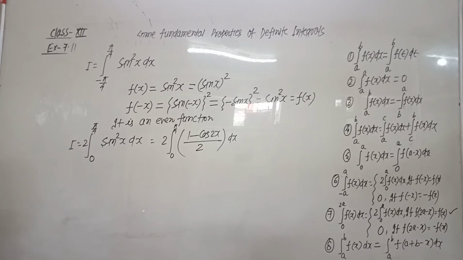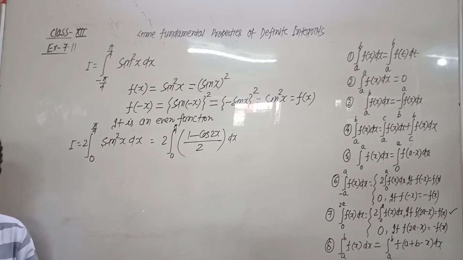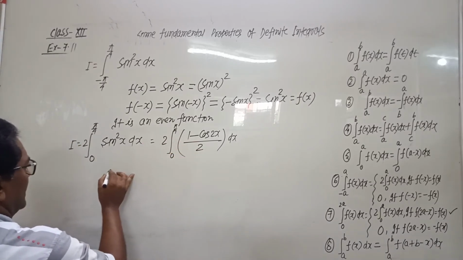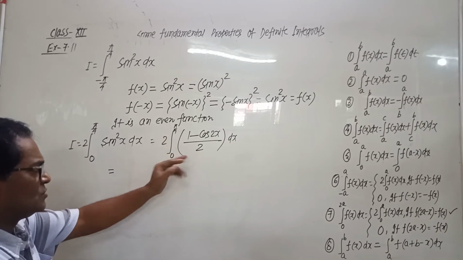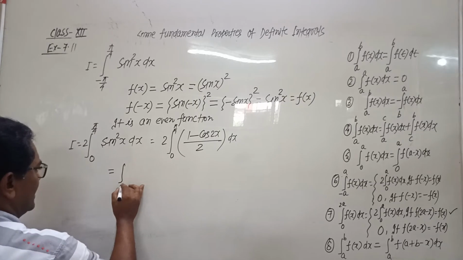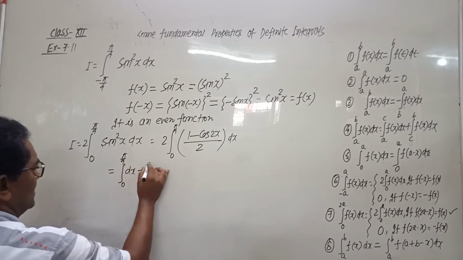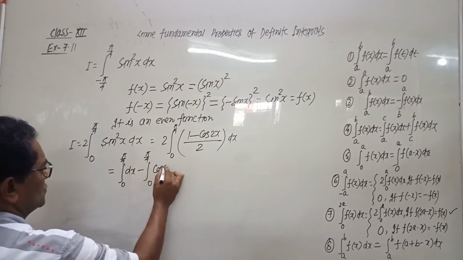Sine square x is written as (1 minus cos 2x) by 2 because the formula for 2 sine square x is 1 minus cos 2x. Then we separate the terms. The 2 is taken outside, then 2 and 2 get cancelled, and we get integration from 0 to pi by 4 of dx minus integration from 0 to pi by 4 of cos 2x dx.